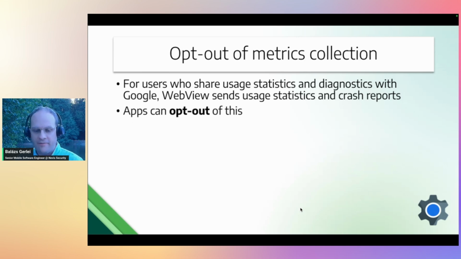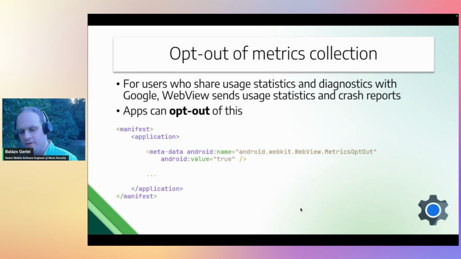But as a developer, you can still opt out of this. You can add this metadata inside the application tag of your manifest file, which is basically WebView metrics opt-out with a value of true. And then your application, or more likely the device, won't send those statistics to Google.